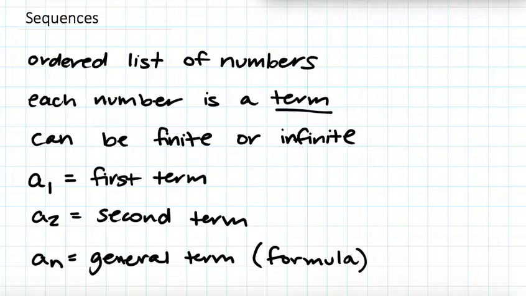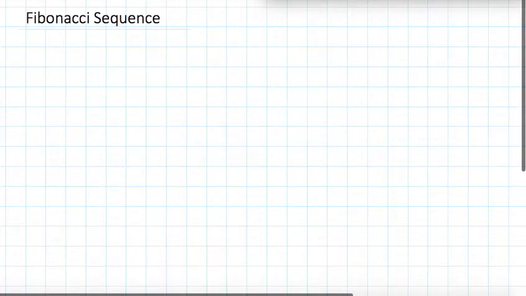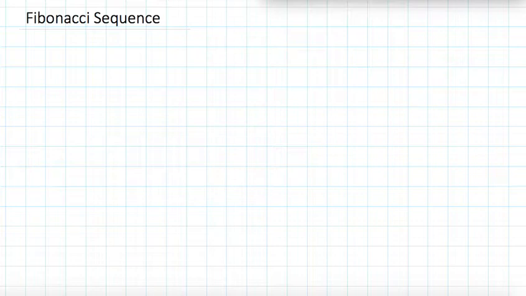So one example of a sequence that is somewhat well known in math is the Fibonacci sequence. For the Fibonacci sequence, the first term, A sub 1, is 1. And the second term, A sub 2, is also 1.